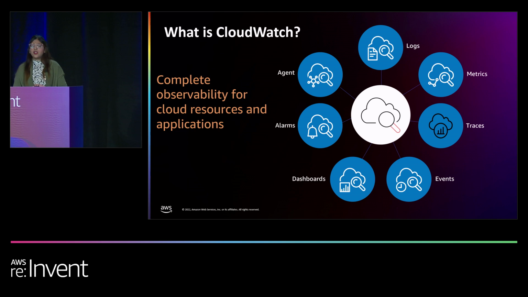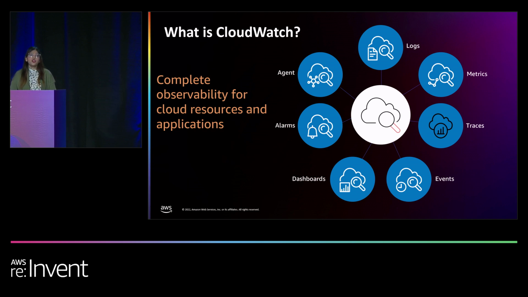CloudWatch is built to handle high scale. It is cloud native. Multiple AWS services automatically publish telemetry data to CloudWatch without you needing to do anything. CloudWatch provides you with a single solution for both metrics and logs and helps you connect and correlate the two of them together.